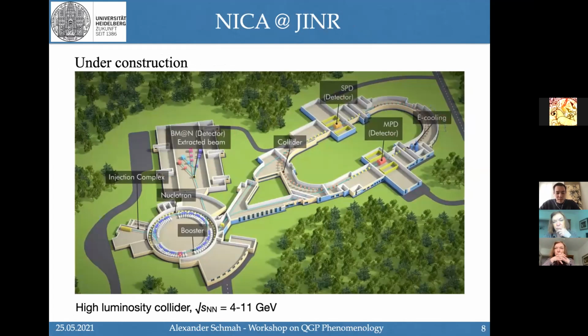The big advantage of this facility is that it covers a very interesting energy range from 4 to 11 GeV in square root s with a very high luminosity. I will give you the numbers at the end of the talk. That's a specialty of this facility in Dubna.